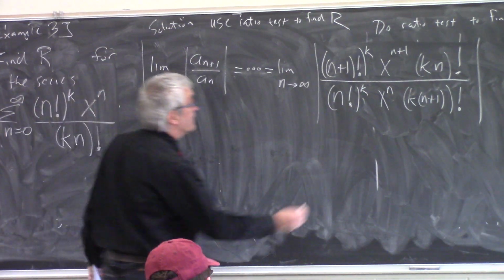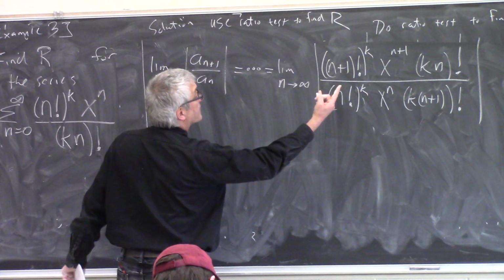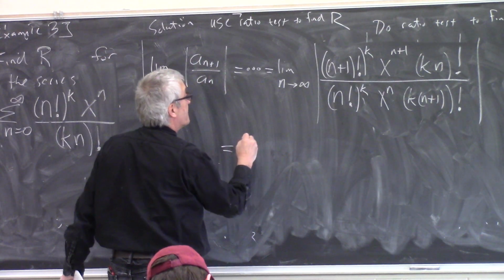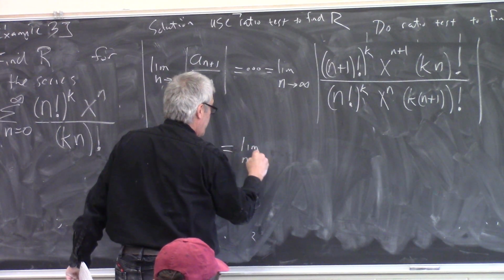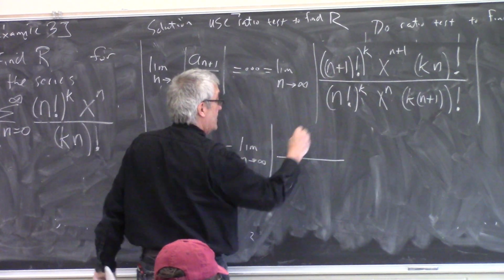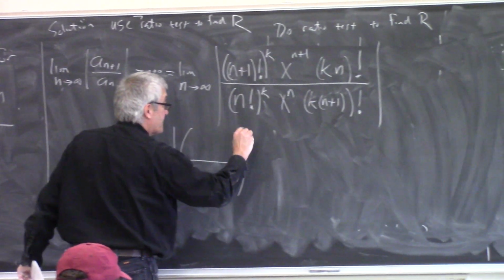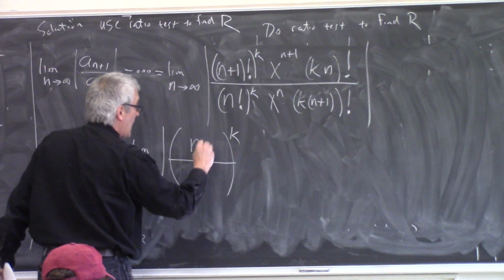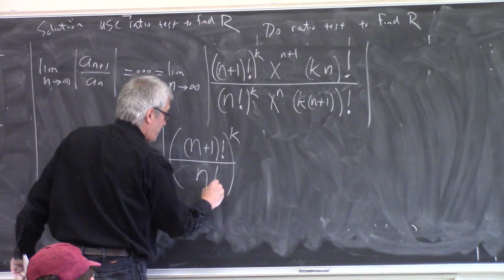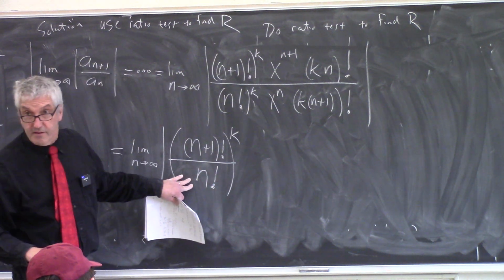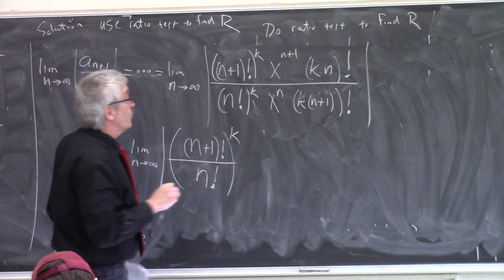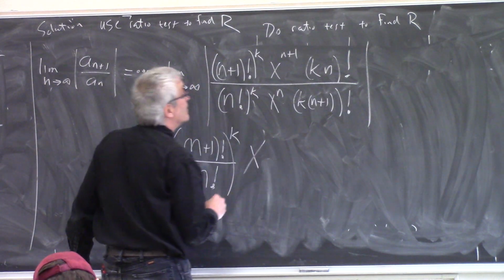All right, now this looks really bad, but notice both of these things are raised to the kth power. So I'm going to put those in parentheses, limit as n goes to infinity, and raise those two factors together to the kth power. What's on top is n plus 1 factorial, and what's on bottom is n factorial. That's one of those things we know how to simplify. x to the n plus 1 over x to the n is just x.